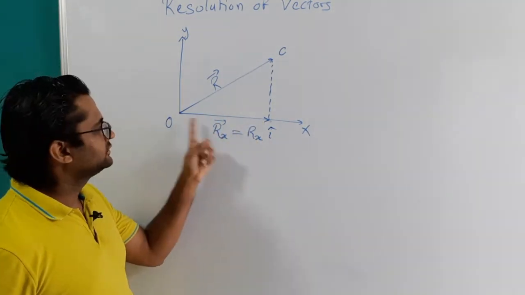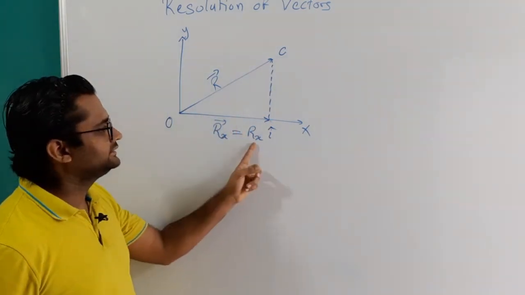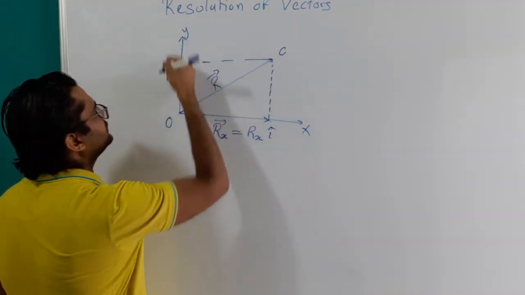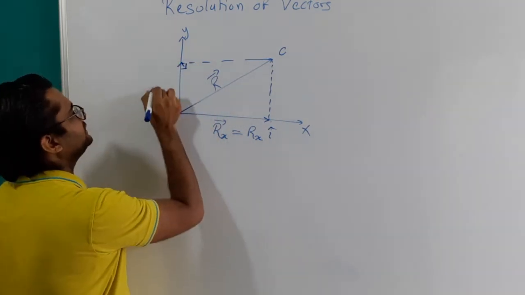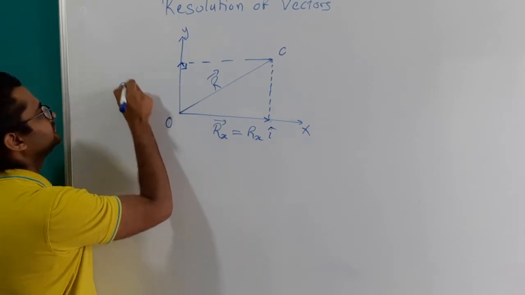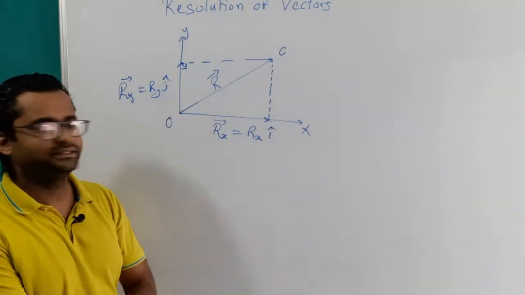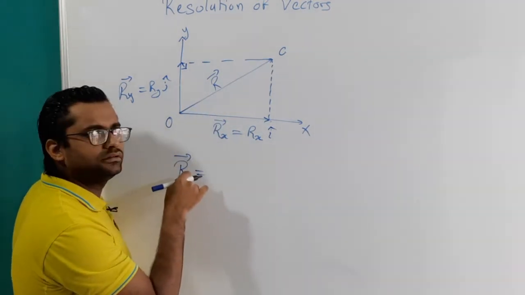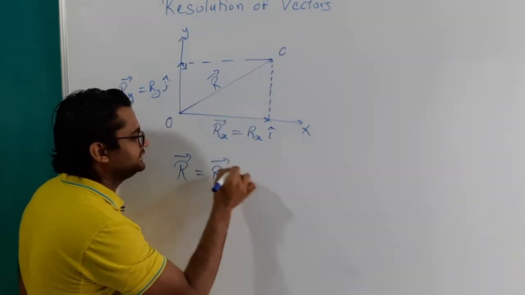Similarly, if we draw a perpendicular from C on the y axis, this gives one more vector, the Ry vector, which we can write as Ry j cap, since it is along y. From this figure, since we know the parallelogram law of vectors, this vector plus this vector is the R vector. So R vector is Rx vector plus Ry vector.